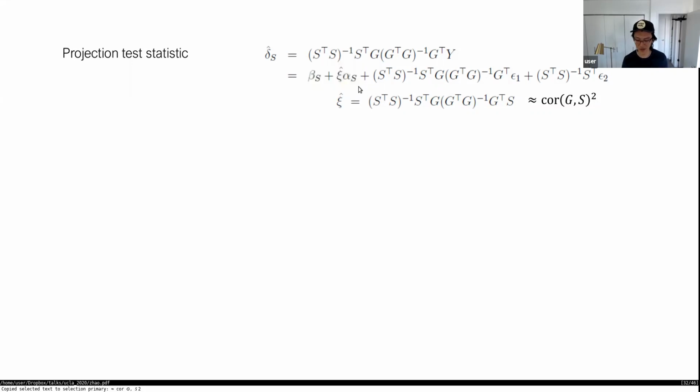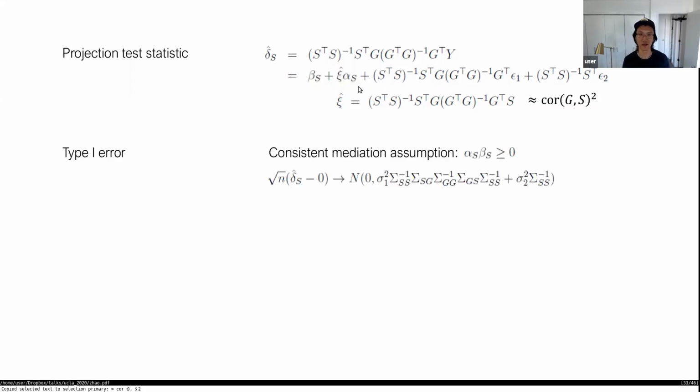And so that's why we need to talk a little bit about some additional assumptions. If you have a direct effect and you still want to use this as a test statistic, in order to maintain type 1 error, you need to assume that alpha and beta have the same sign. That's because of what I just discussed: if the total effect exists, this better be large in magnitude.